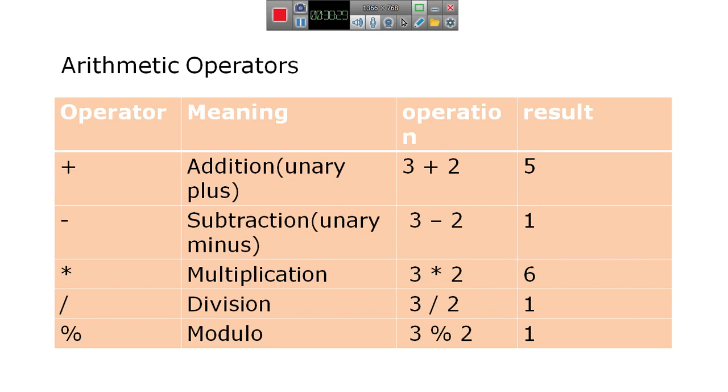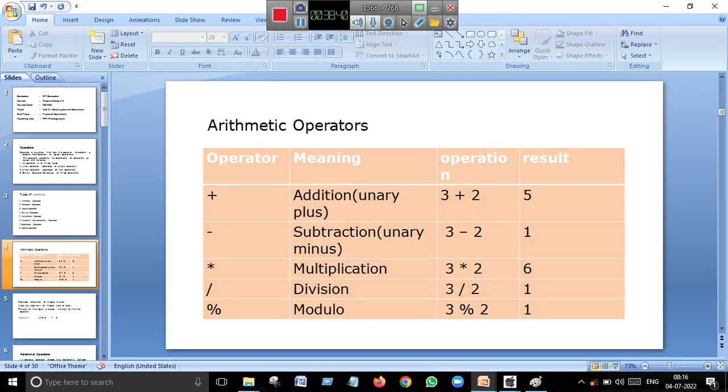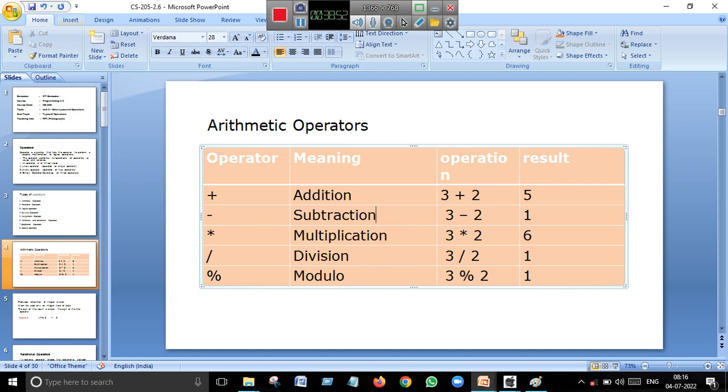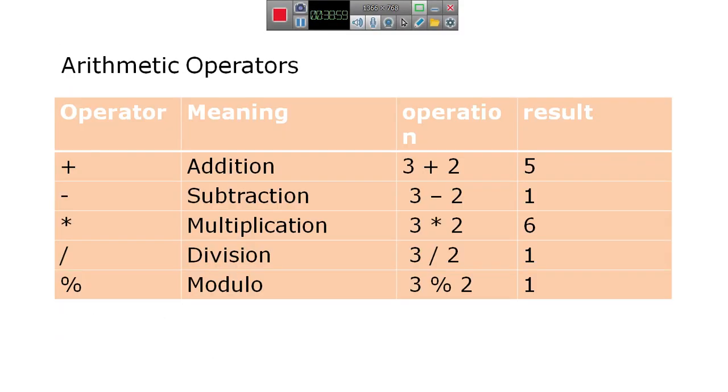Plus is for addition, 3 plus 2 is 5. Minus is for subtracting, and star is for multiplication, then division and modulo. For example, 3 plus 2, the result would be 5; 3 minus 2, the result would be 1; 3 star 2, multiplication, the result would be 6; 3 divided by 2 gives 1; 3 percent 2 gives 1.